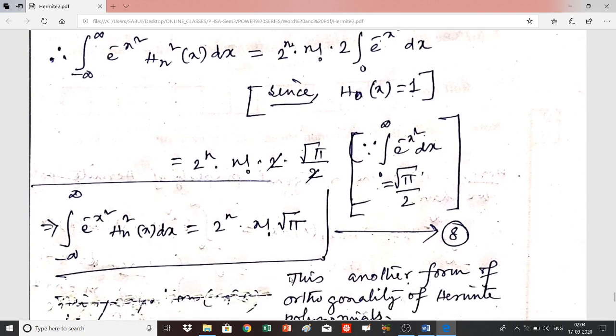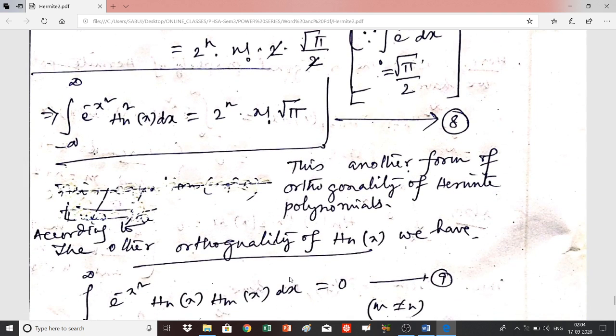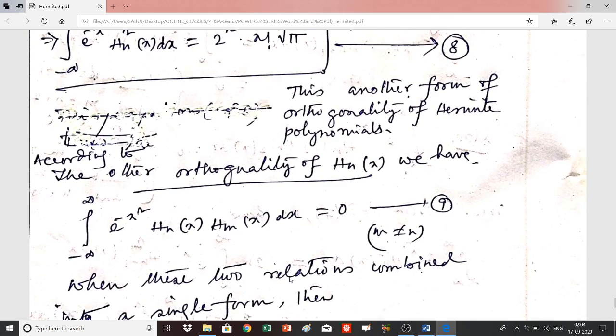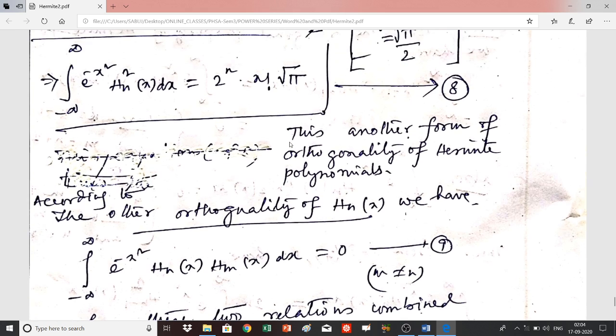It is equation 4. Now this is another form of the general orthogonality of the Hermite polynomials, and you have earlier seen another orthogonality of hn x: the integral from minus infinity to plus infinity of e to the minus x square hm x hn x dx is equal to 0, where m is not equal to n, and the second orthogonality is equal to this.